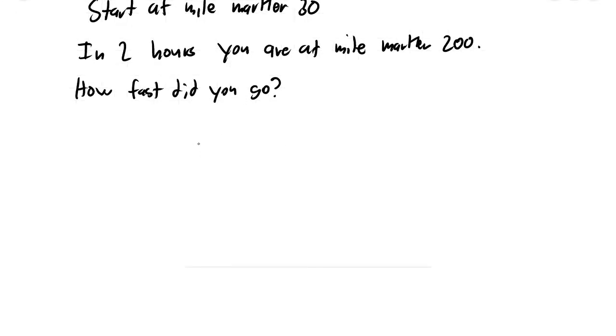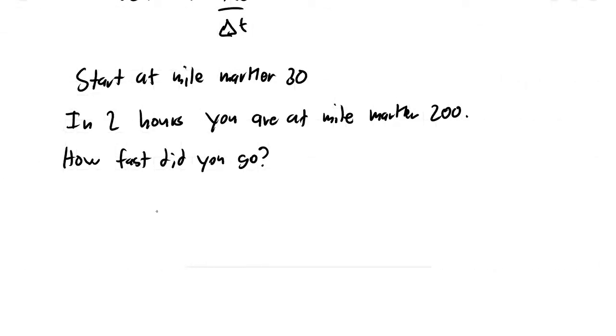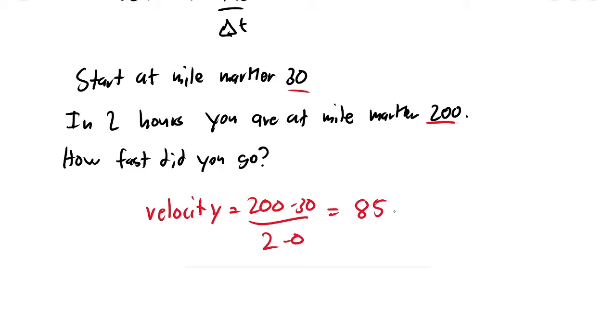So we can calculate that velocity. Velocity is going to be equal to the change in position. So we're going to take 200 minus 30 and then divide it by the change in time. So 2 hours went by, so we went from 2 to 0. And if we calculate this, we're going to see that this gives us 85 miles per hour.